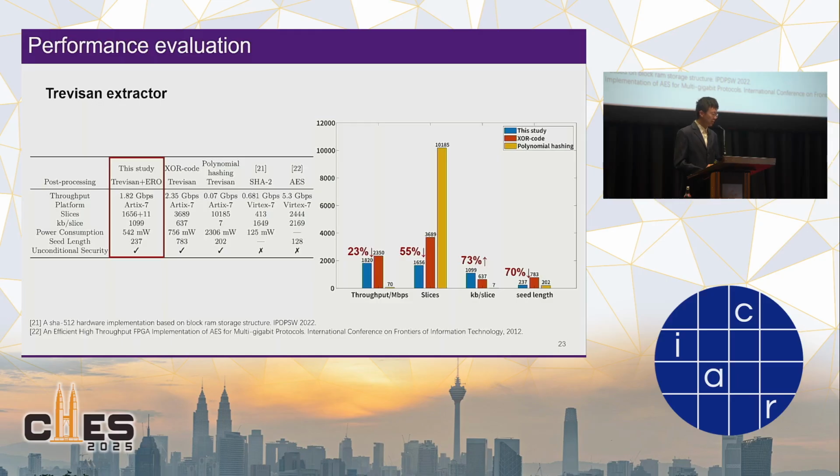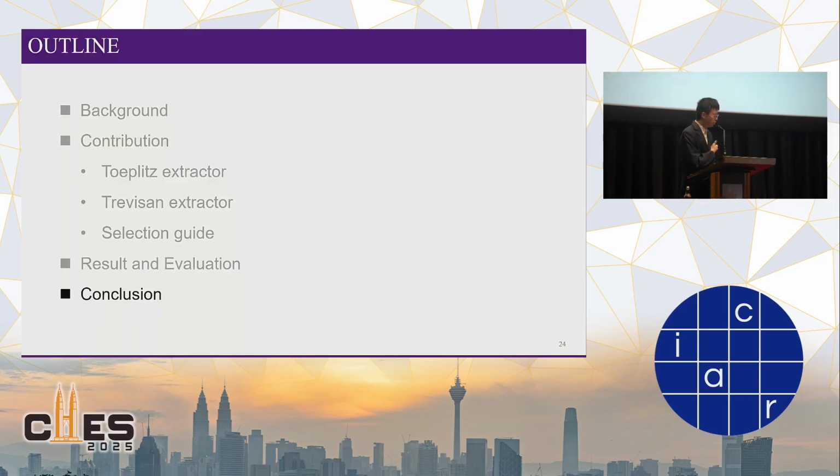Also, our design has the least power consumption among the three single bit extractors. While the overall performance of our design may not match that of cryptographic methods, the core advantage of the Trevisan extractor is its unconditional security. So finally, we give a conclusion.